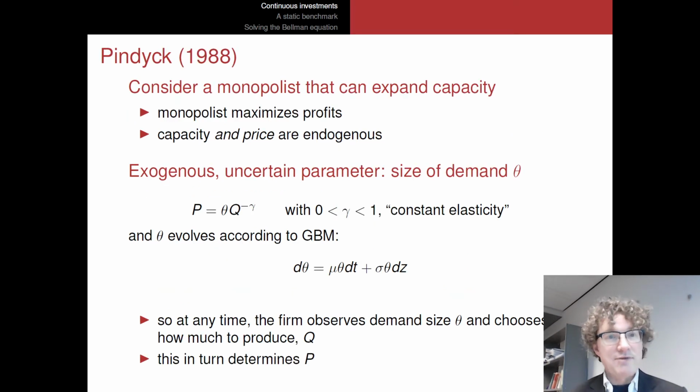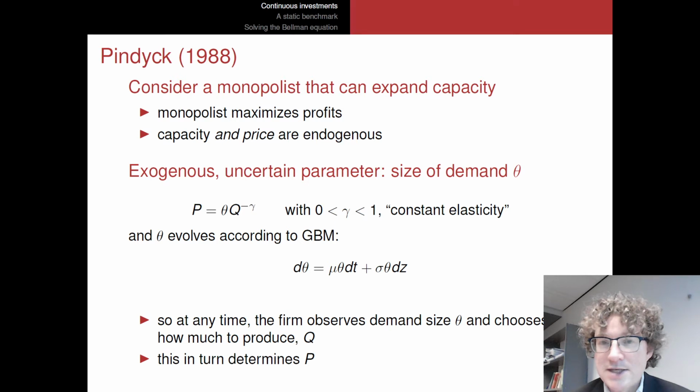So again, we have a look at this paper by Pindijk, and what Pindijk does is he looks at a monopolist. So a market with a monopolist. And what this monopolist does is, well, first of all, it does what monopolists do, so it maximizes its profits by choosing the quantity of goods that it's going to sell into this market, like you know from your monopoly analysis that you learned in your microeconomics courses.